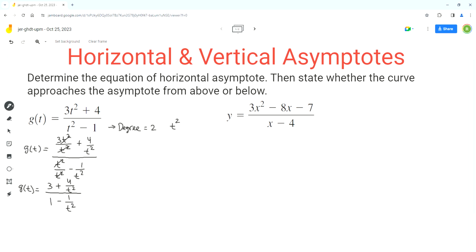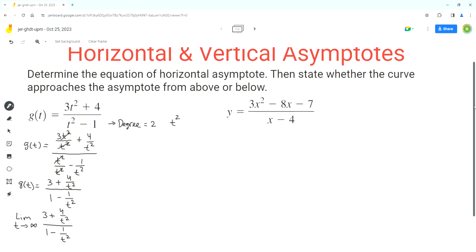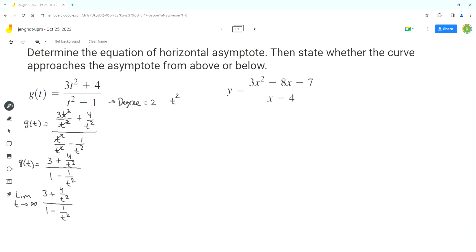Now we can evaluate the limit as t approaches infinity, so we write limit t approaches infinity of 3 plus 4 over t squared over 1 minus 1 over t squared. Now we can apply the limit.